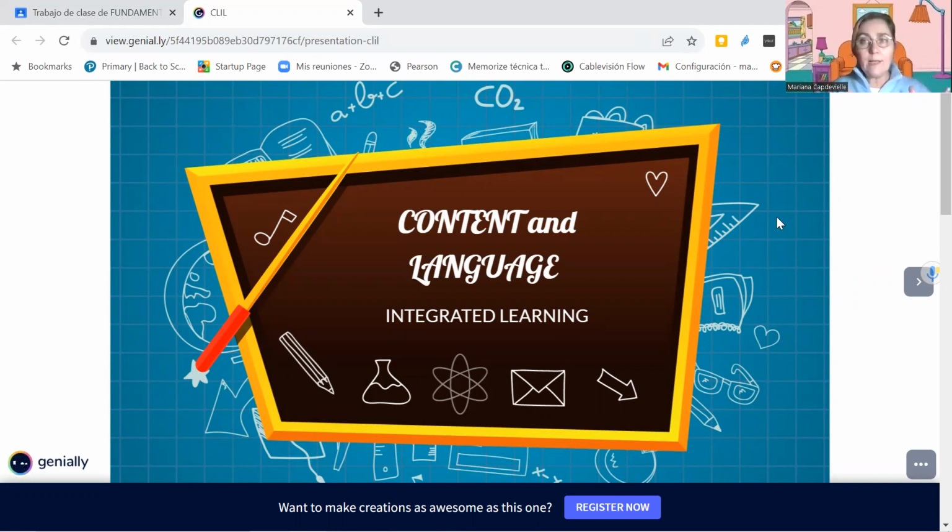So we have seen, okay, we teach about the military government, that's the content, and the language is relative clauses. So we have these 2 things together, and it's integrated. Sometimes I have more devotion on the language and sometimes more on the contents, because I'm also learning about the content. So let's have a look.